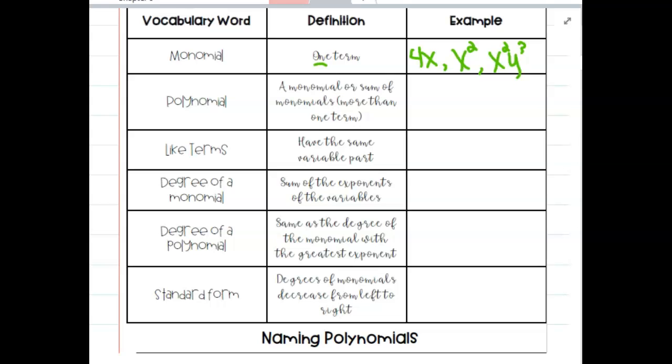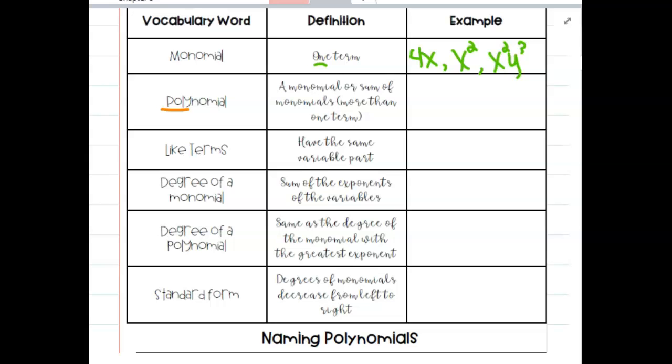That brings us to our next vocabulary word, which is polynomial. Notice the nomial part is the same. Poly means many, so instead of one term, it's many terms. A polynomial is a monomial or sum of monomials. It just means it's more than one term.